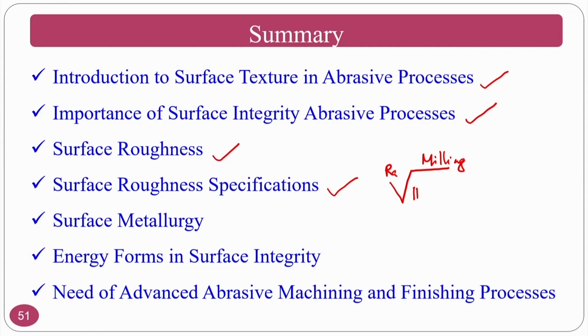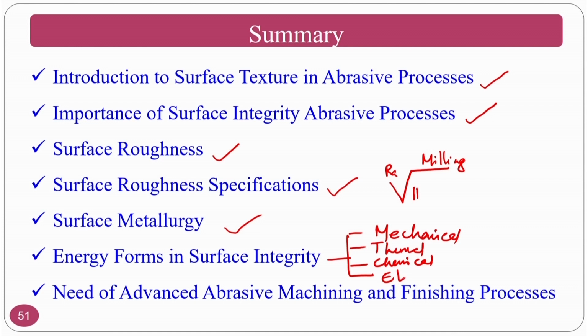And for surface metallurgy, you have seen the elemental analysis using EDS, energy dispersive spectroscopy. At the same time you can do an area scan, line scan, and a point scan, and other scans. And what are the energy sources that are causing all these things: mechanical energy, thermal energy, chemical energy, and electrical energy.